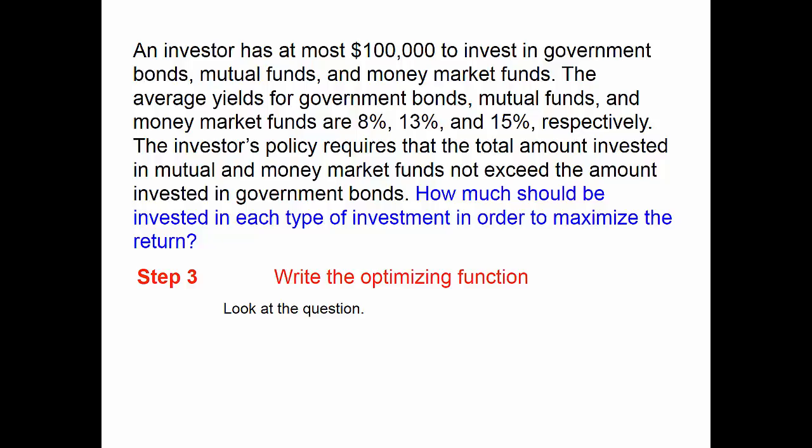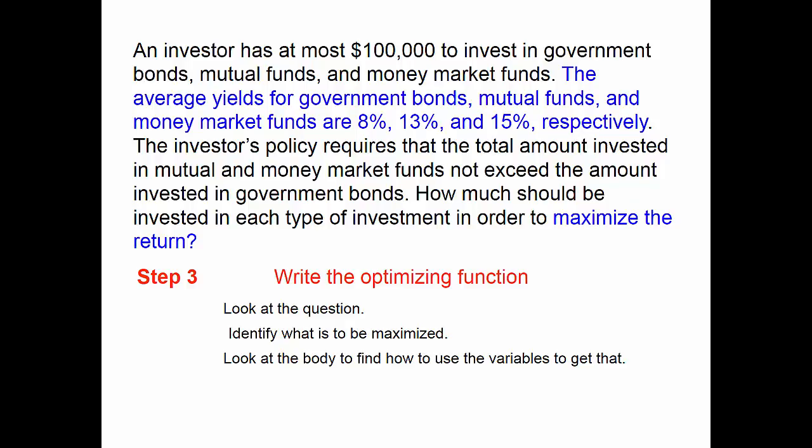The optimizing function: when you look at the question at the end of the problem, how much should be invested to maximize the return? So we're trying to maximize the return. We need to come up with a function that represents the return, which would be like the profit. Look at what it says in the second sentence. The yield or return or profit is 8% on government bonds, 13% on mutual funds, and 15% on money market funds.